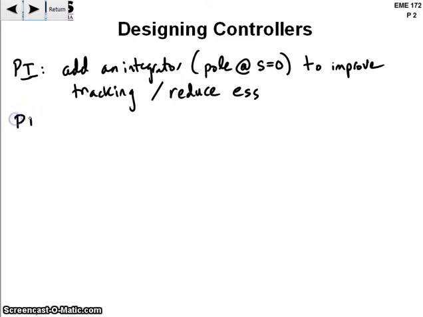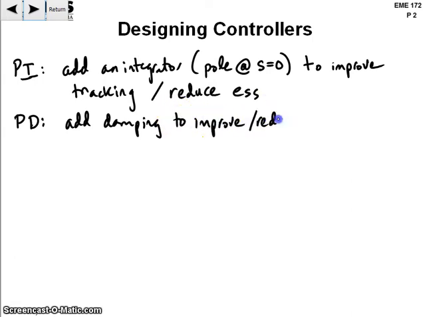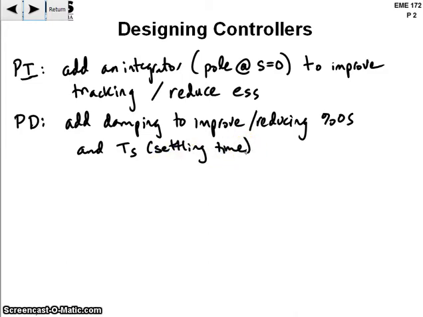A PD controller, we add damping to improve percent overshoot, actually reducing the overshoot and settling time. And then there's PID control, which combines both of these things together.